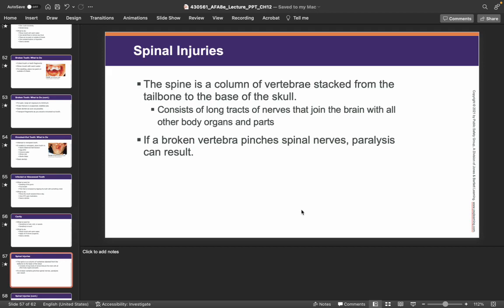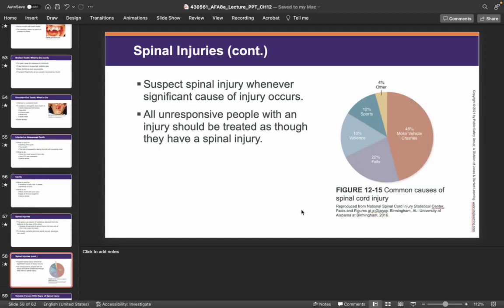From your spinal cord run a lot of nerves to the different tissues in your body. If a vertebrae breaks and pushes on any of those nerves, it can cause paralysis and/or severe debilitation. Anytime there is a significant injury or significant trauma, there's always a chance for a spine injury.